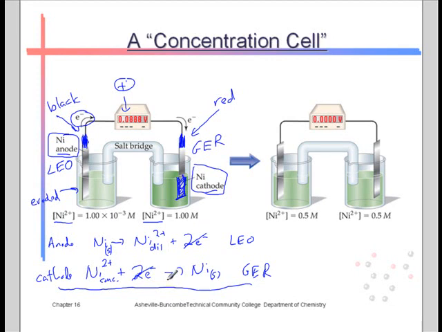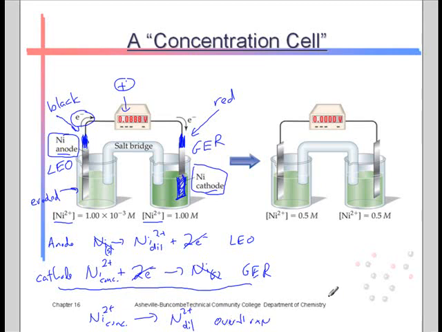Whenever you add up chemical equations, if you have the same thing on the reactant side of one and the same thing on the product side of the other, they're going to cancel out. Now what we have is this overall reaction that I'll squeeze in down here: concentrated going to the dilute. So this establishes the overall reaction.